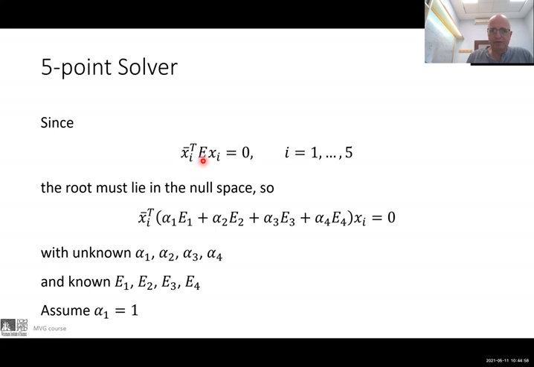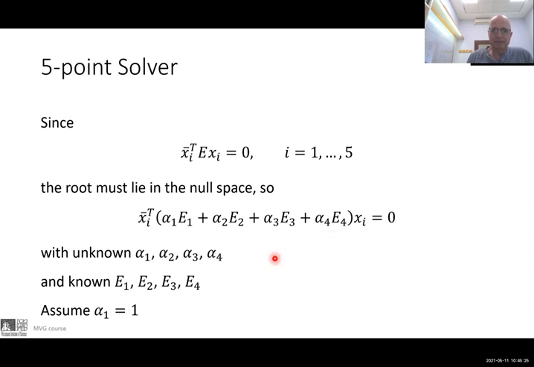And so the 4 vectors that span the null space, now rearrange them as matrices. These are E1, E2, E3, and E4, and a combination of these 4 vectors will be our sought solution. So now the unknowns are simply alpha 1, alpha 2, alpha 3, and alpha 4, and E1, E2, E3, E4 are the basis matrices, which we know.